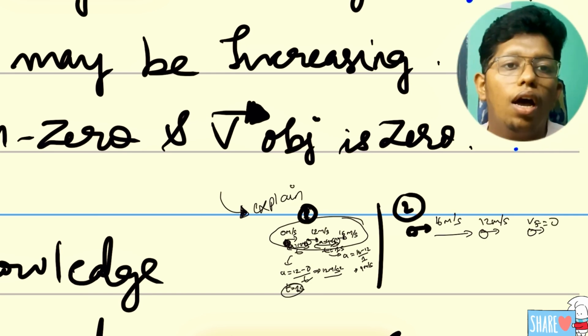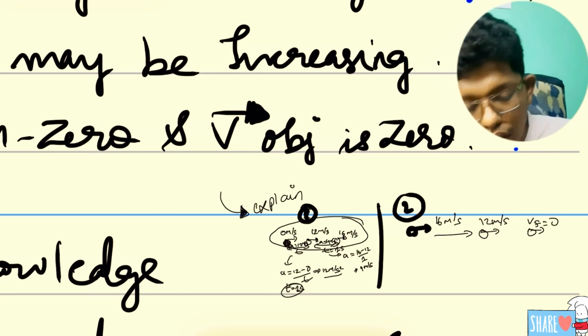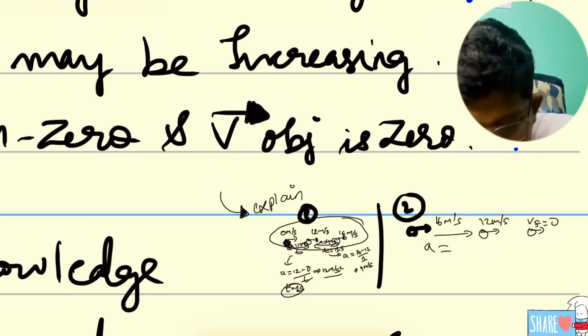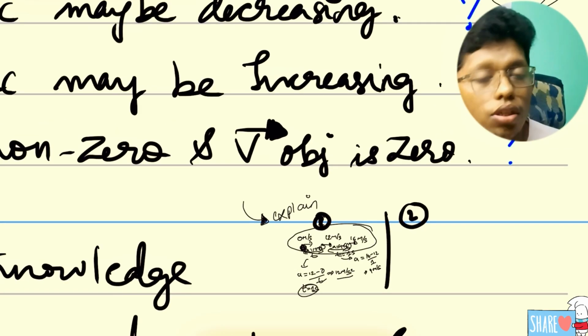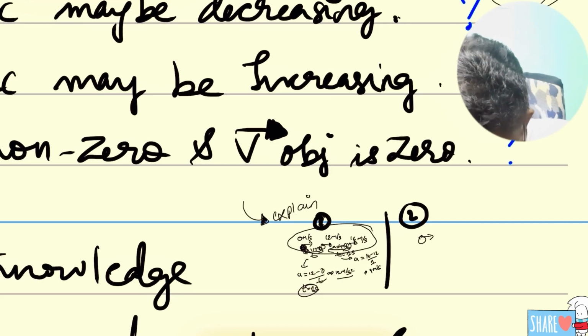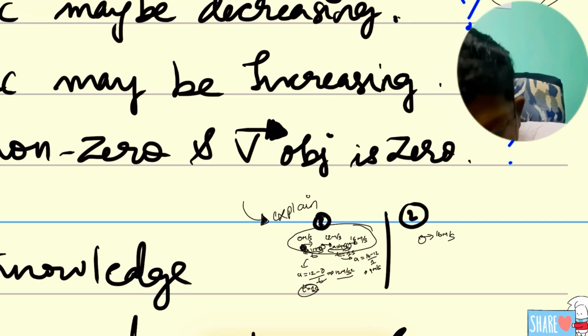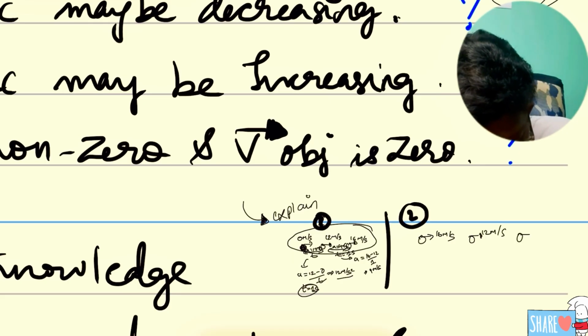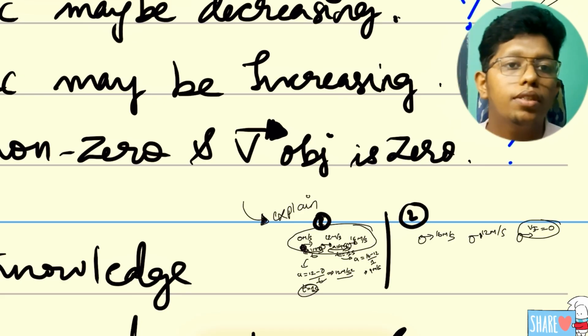Velocity becomes 0. I have come to rest. You will get the same acceleration, but negative. I can explain the same situation in the reverse way: starting at 16 meter per second, going to 12 meter per second, and finally at v final going with 0 meter per second.